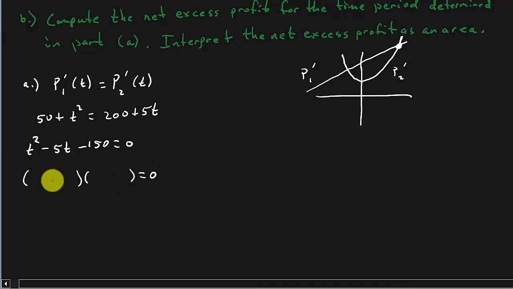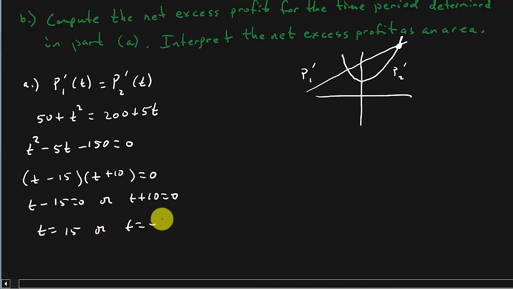So t minus 15 equals 0, or t plus 10 equals 0. So t equals 15, or t equals negative 10. Obviously we won't have the negative number, and so our solution is 15.